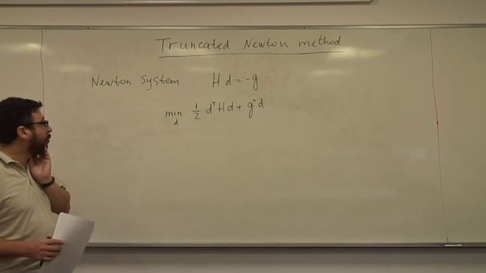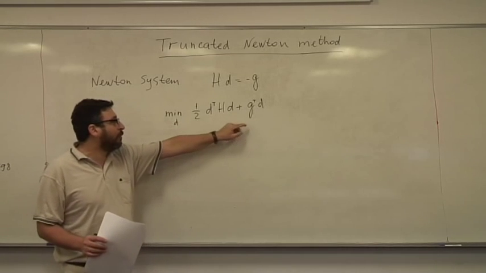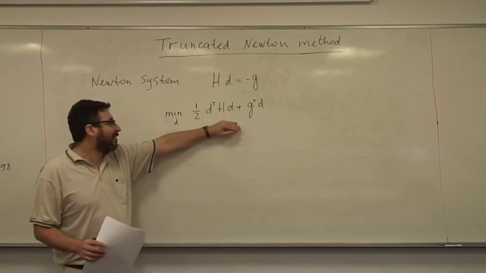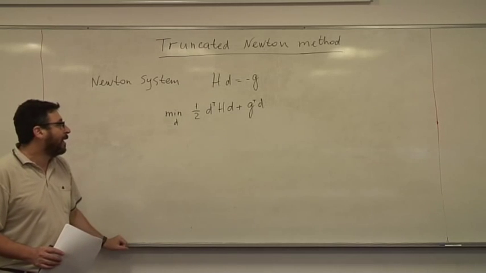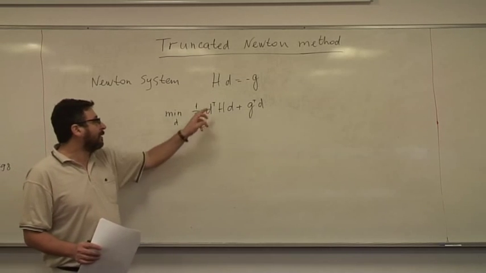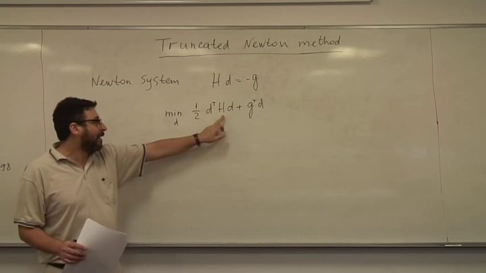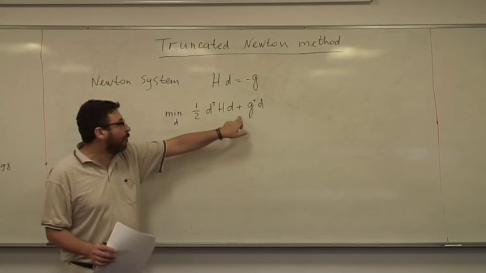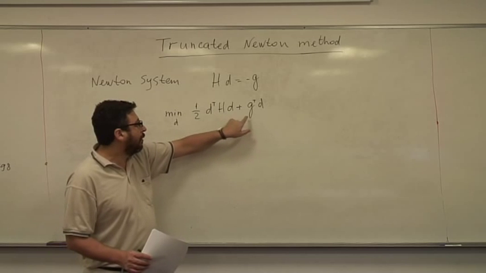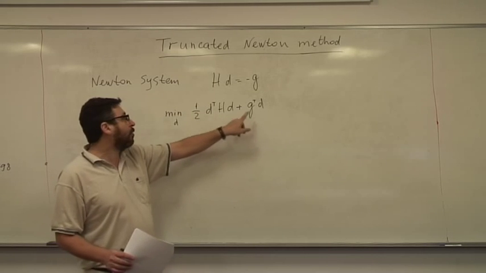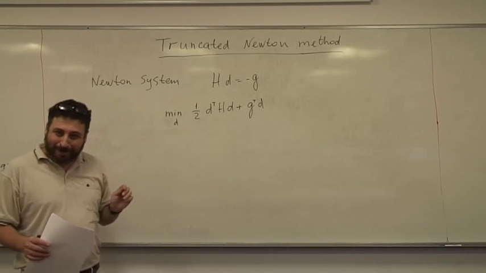Okay, what we can do, we can write the following quadratic form, which is here, d transpose H d plus g transpose d. And I say that the system is the optimality condition for this quadratic form. If I compute the gradient of this form with respect to d, I have Hd plus g equal to 0. Exactly the same.